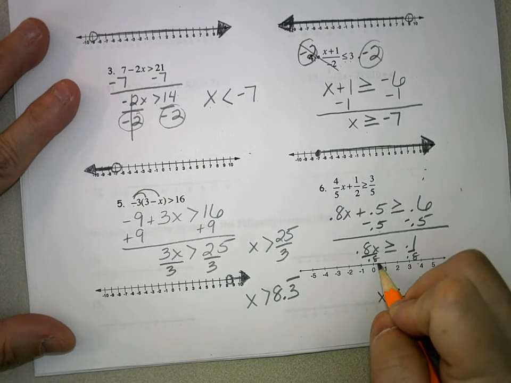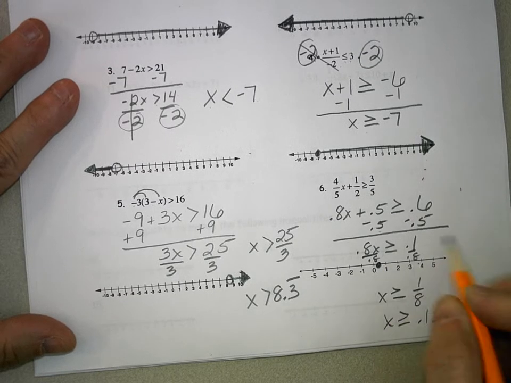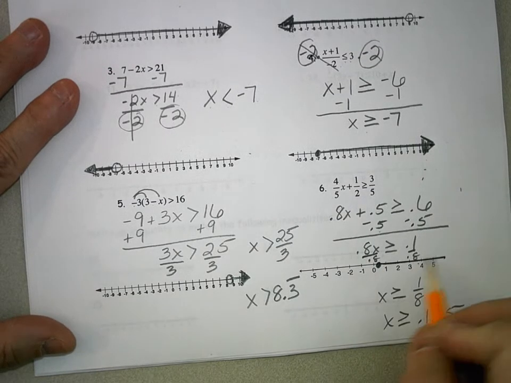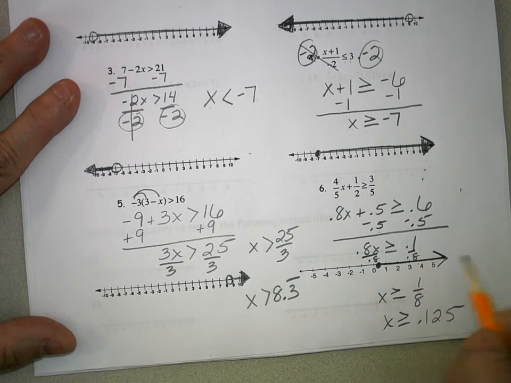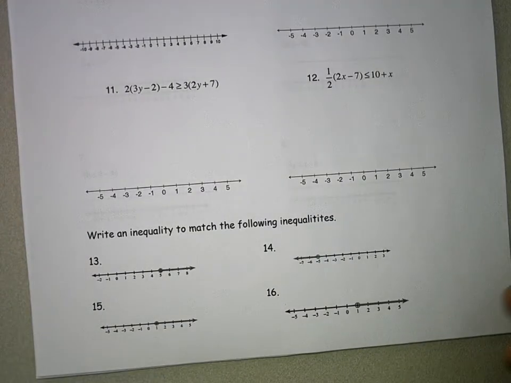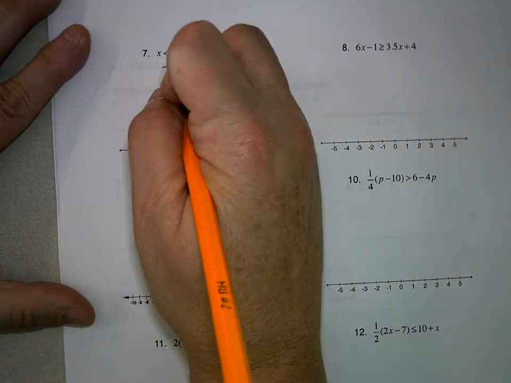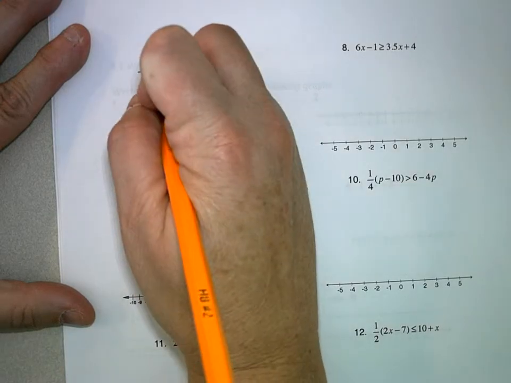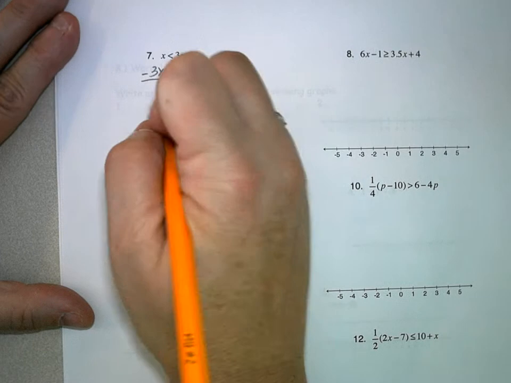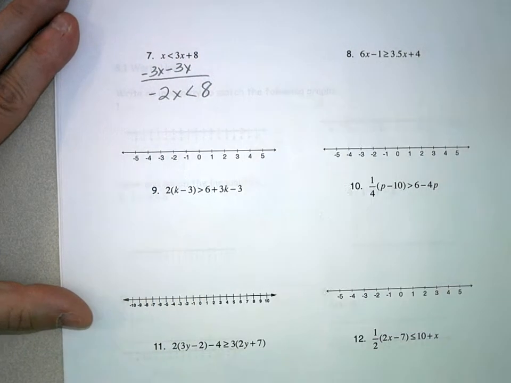So we're going to have a closed circle here on 0.125 or 1/8, and we want everything greater than that, so everything over there colored in. Number 7, from here we subtract 3x from both sides, and that becomes negative 2x is less than 8.